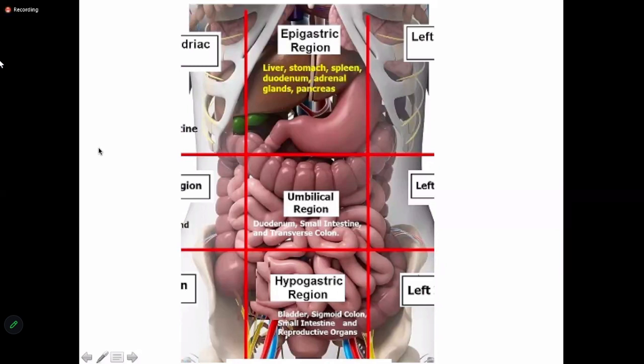Can someone tell me? Well, abdominal pain can arise from solid organs or hollow organs, right? So, what are the solid organs you know in the abdomen?